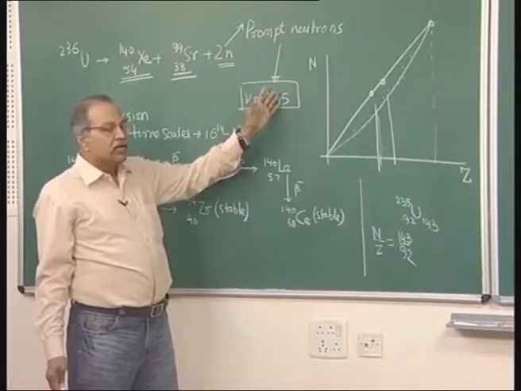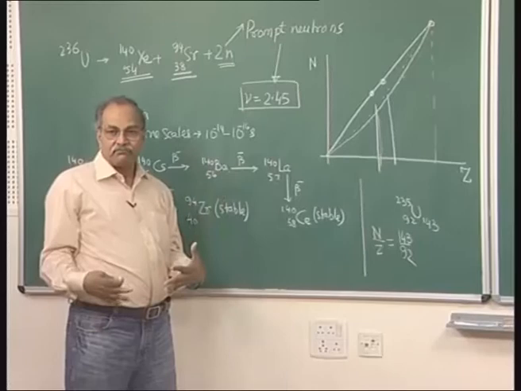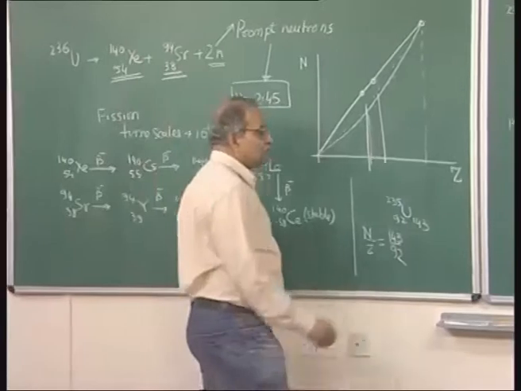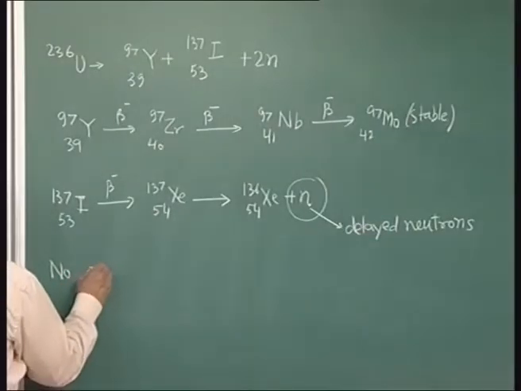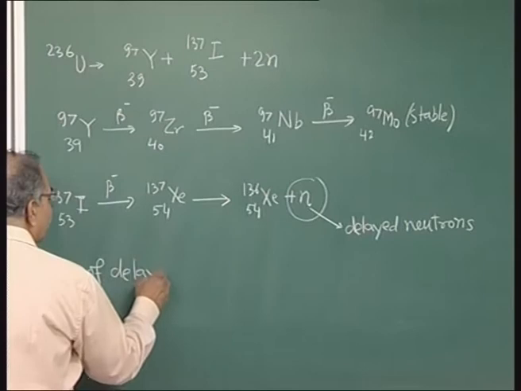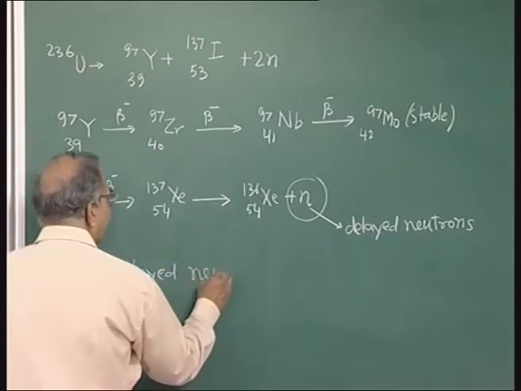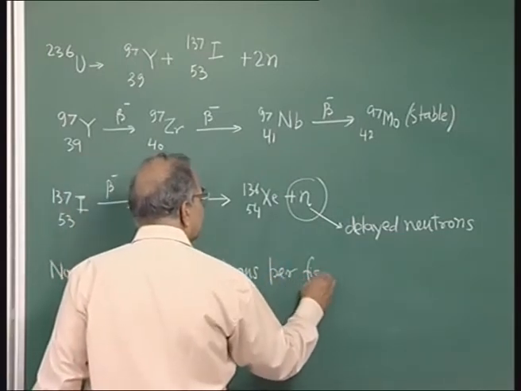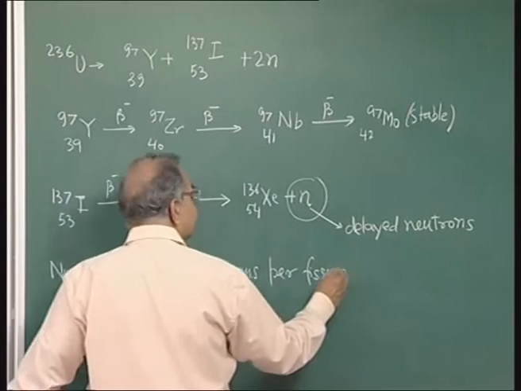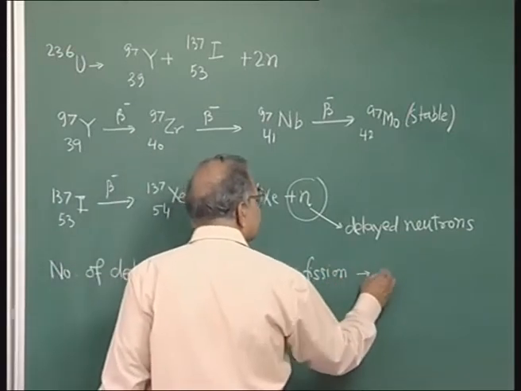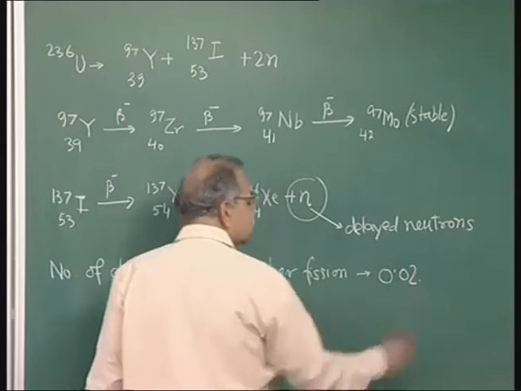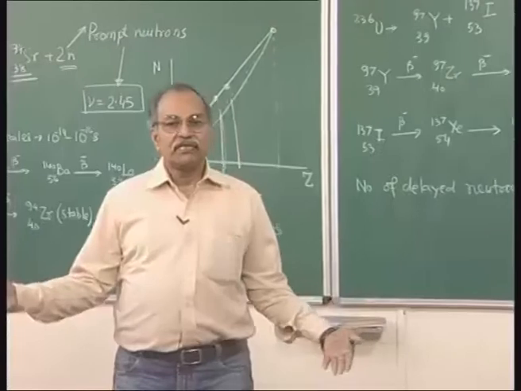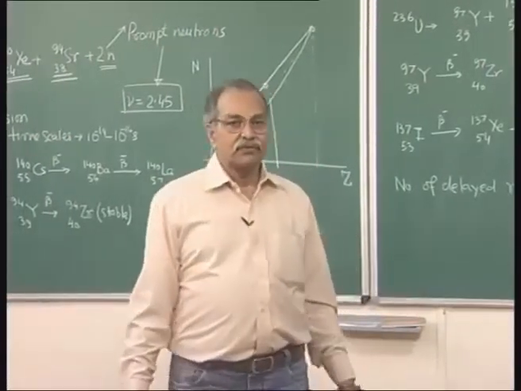Similarly, if you calculate how many delayed neutrons have come through the total number of fissions and then divide per fission, for uranium 236 that is around 0.02. So, say in 50 fissions one particular combination will give one delayed neutron.